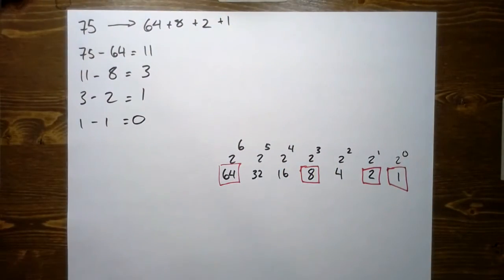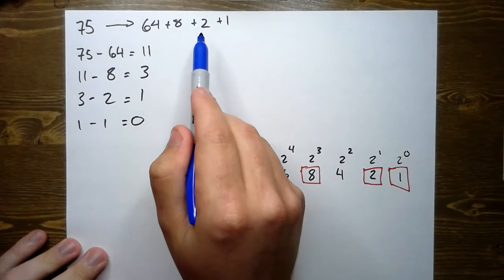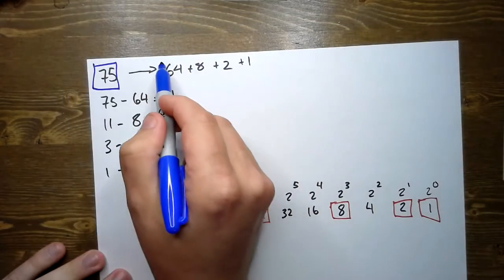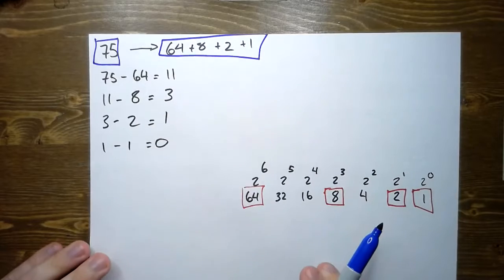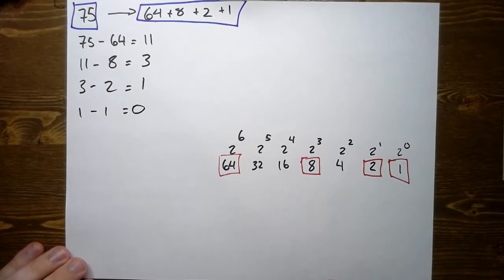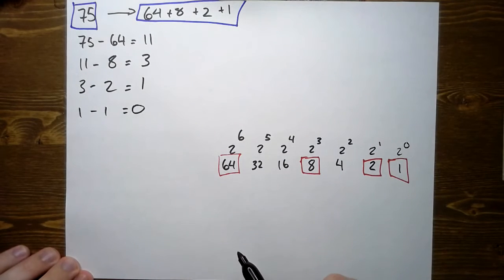So if we now add those numbers up top, 64 plus 8 is 72, plus 2 is 74, plus 1 is 75. So 75 and this are equal to each other, which means that we've done a good job here. So now what we have to do to convert the number 75 into binary is we take a look at all the ones that we've got these red squares over.